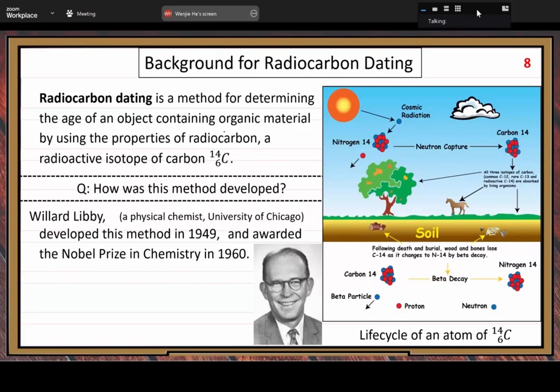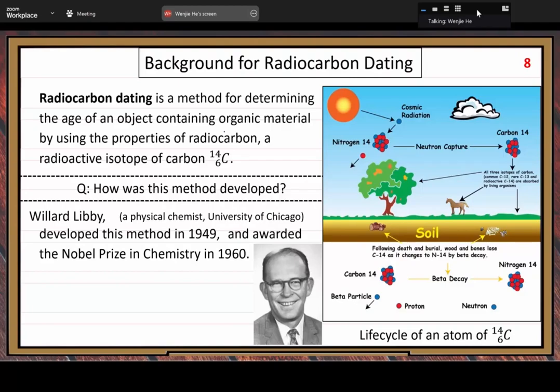When those organisms are in the living state, the carbon-14 ratio is stable, because there is a natural cycling.